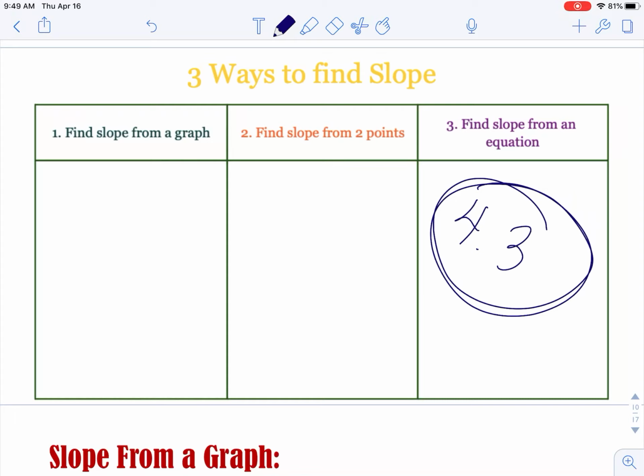The other way to find slope is by looking at a graph. You can find slope by simply counting on a graph. So we're going to put our steps here.